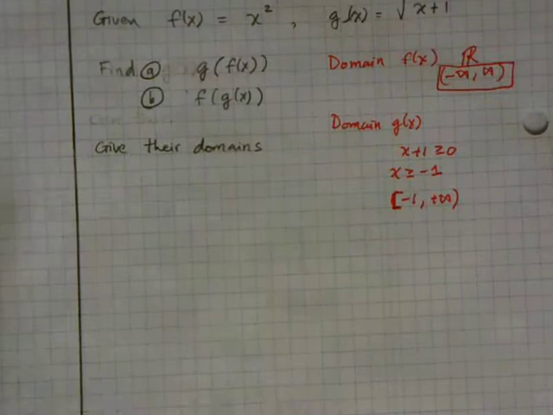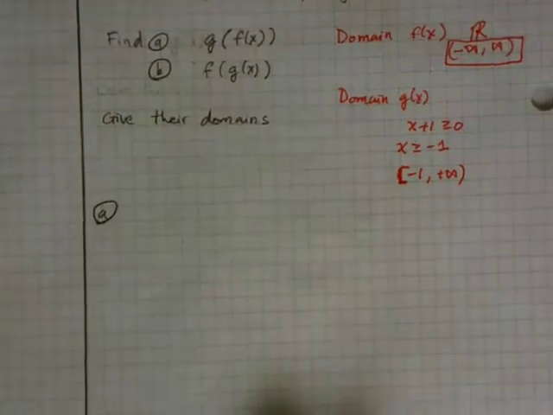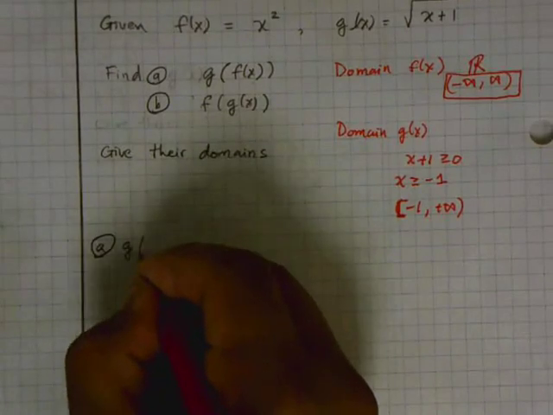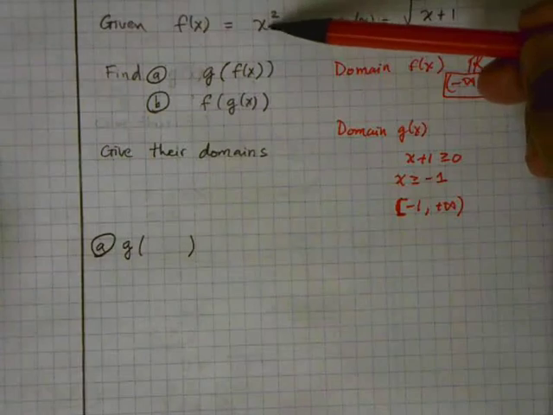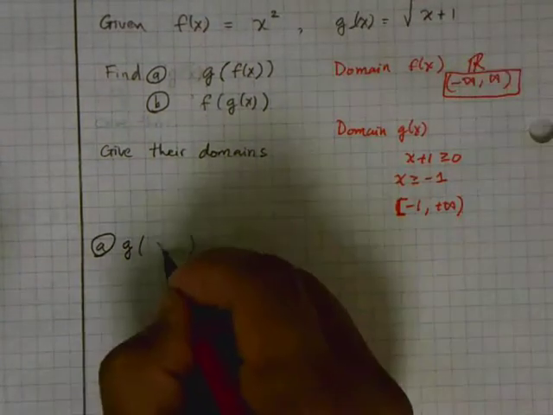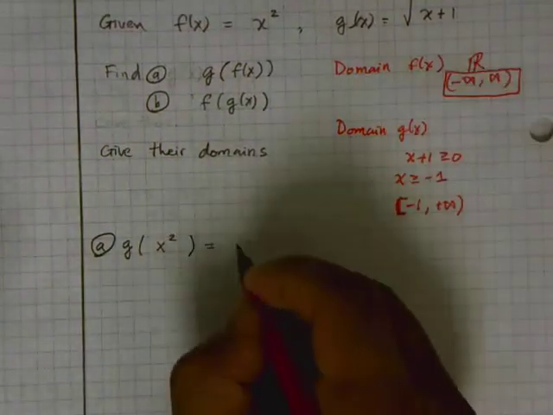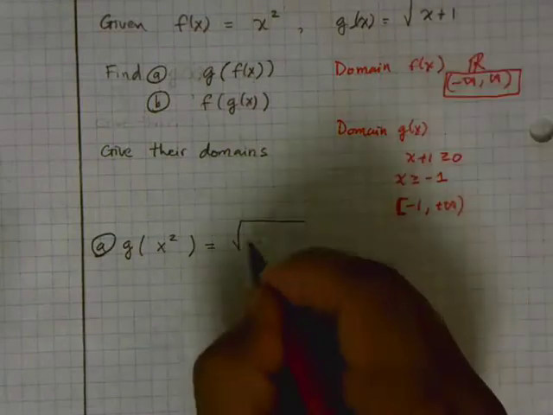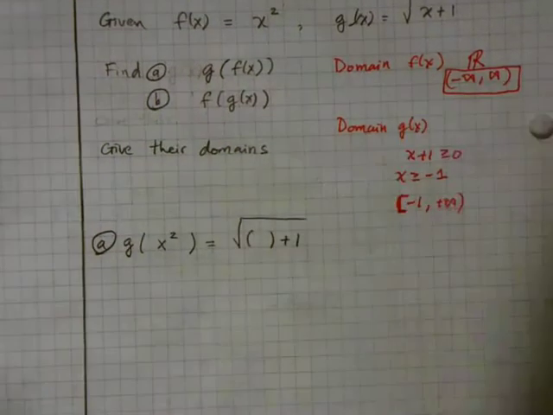And so what this really means is I just write g, I'm going to write part A here, my solution. Okay? I'm going to write g, parentheses, and I'm going to put whatever is f of x into this expression. So I'm going to put x squared in here. Okay? And I'm going to copy my g of x function, the square root, but instead of writing x, I'm going to write whatever is in this parentheses. Okay?